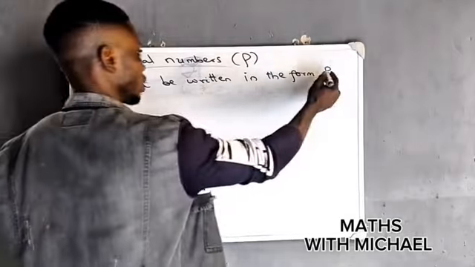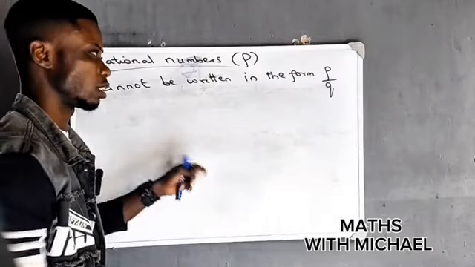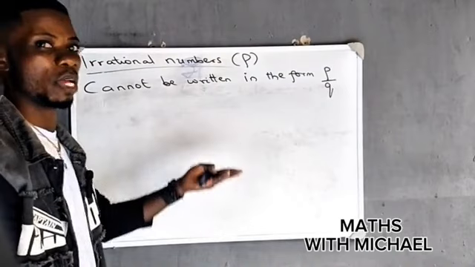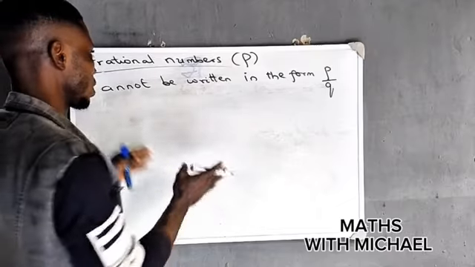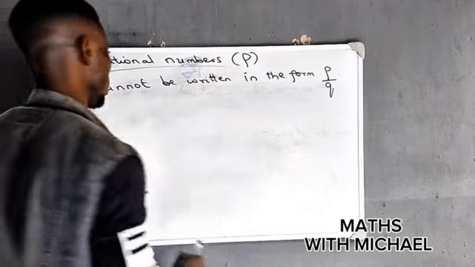Though there are some irrational numbers that we can easily say appear as fractions, there is a major thing that categorizes rational and irrational numbers from our last video.